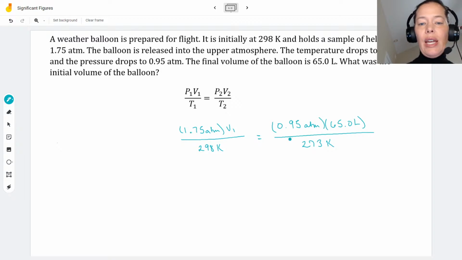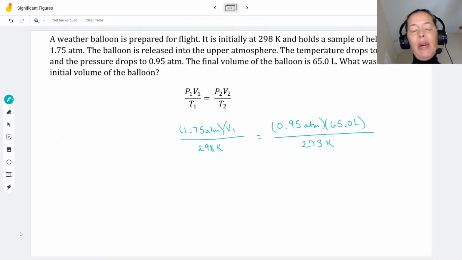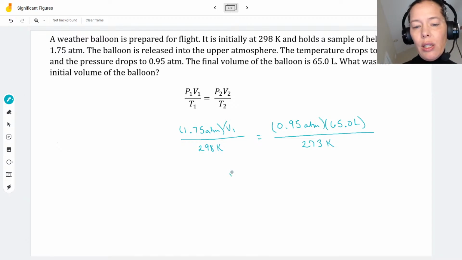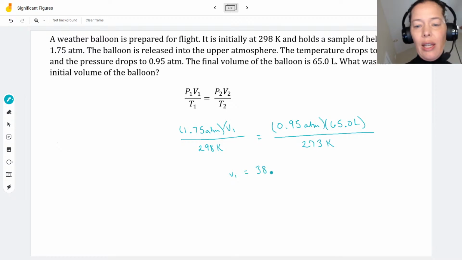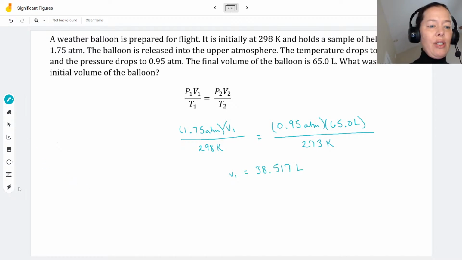Again, I just want to show you all of the sig figs here. This is pretty easy to solve mathematically. We're just solving for V1 here, and it's all multiplication and division, so we're going to use our multiplication and division rules, which means we're counting up the total number of sig figs. First, I'm just going to write down what my calculator gives me, and that is 38.517 liters. And now let's look at sig figs.